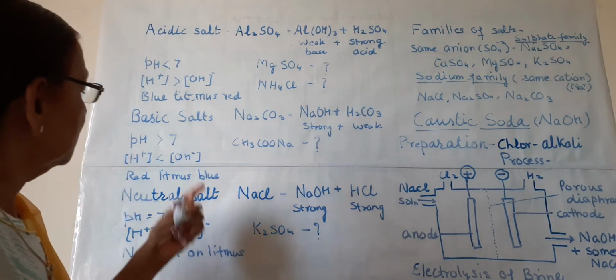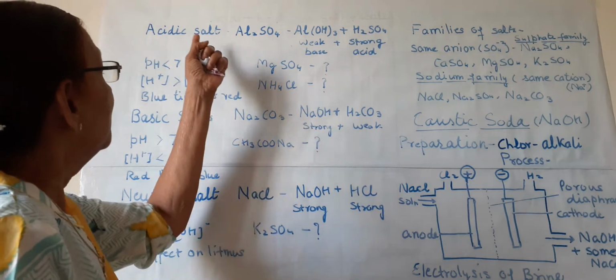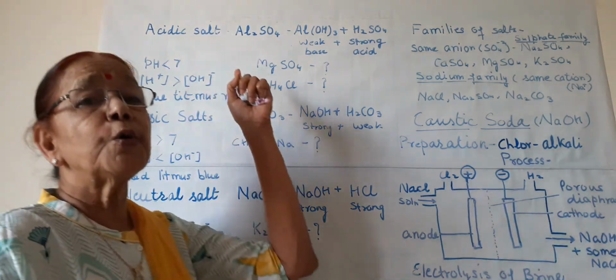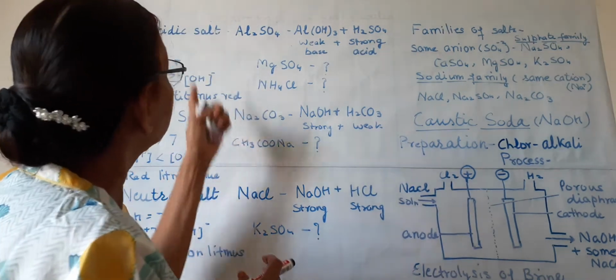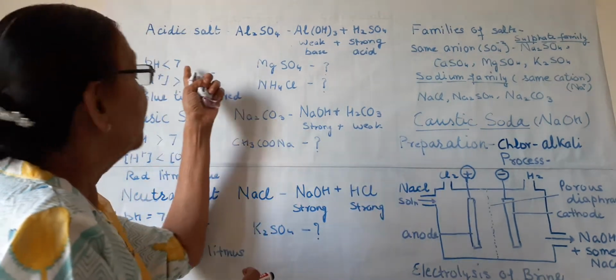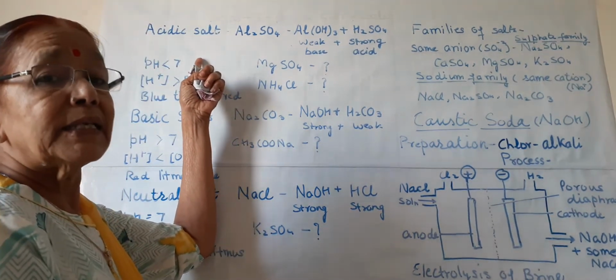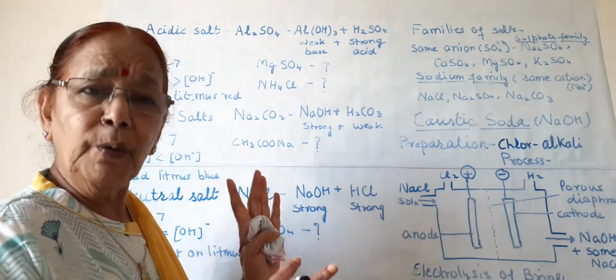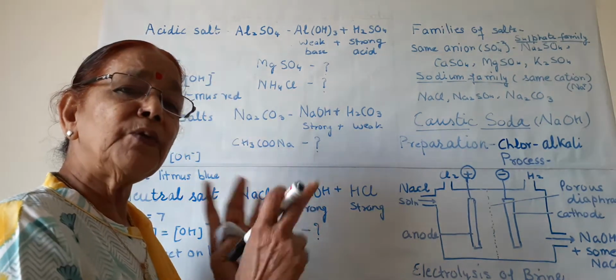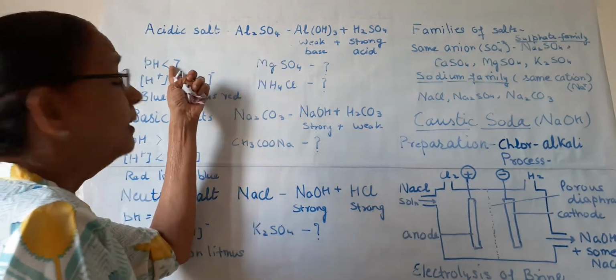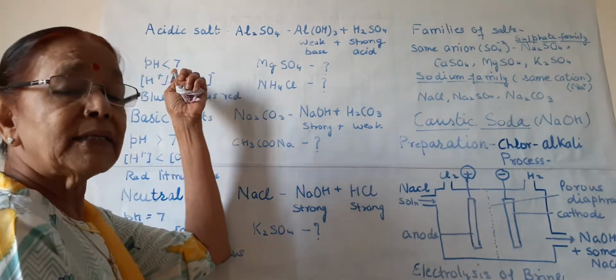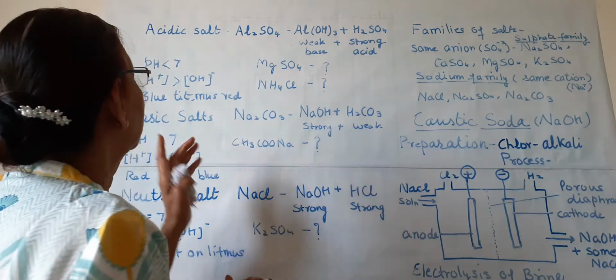How are these three kinds of salts formed? Acidic salts show acidic reaction. What are the properties of these acidic salts? Their pH is less than 7. We know acids have pH from 1 to 7 or 0 to 7. So acidic salts have pH less than 7 like the acids.